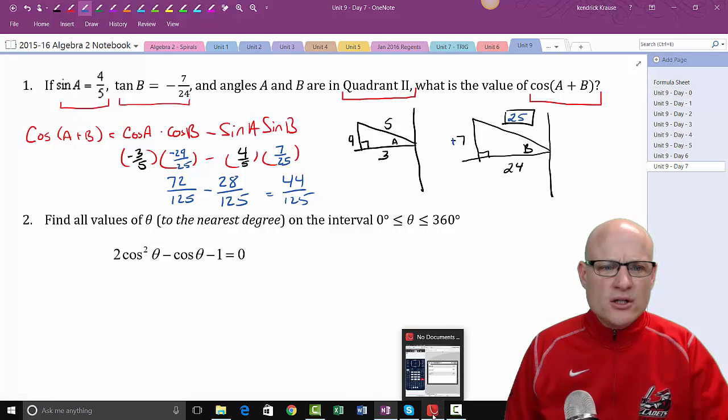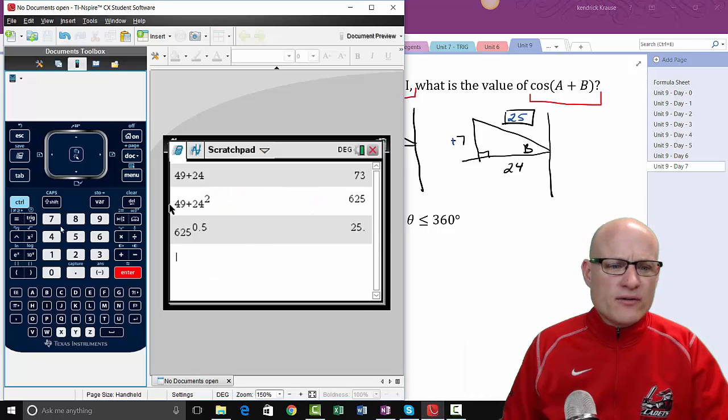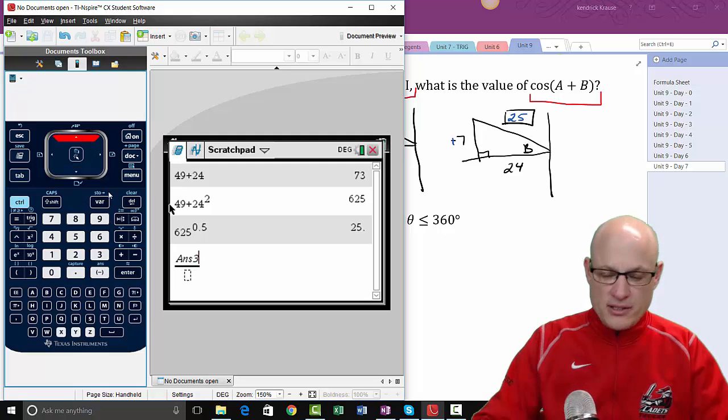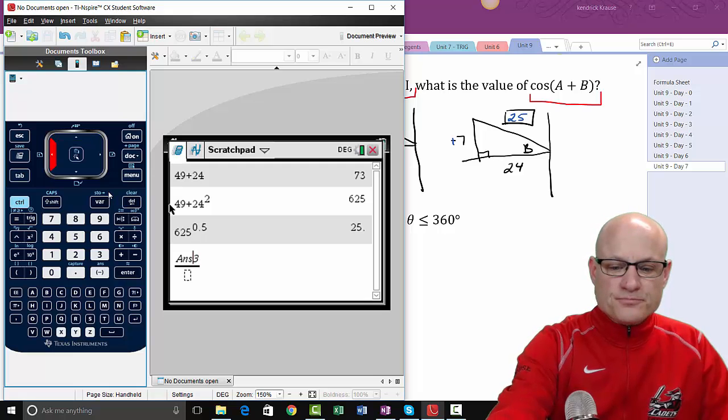Go to the calculator. Negative 3/5 times negative 24 over 25 minus 4/5 times 7/25. So negative 3 divided by 5 times, that's going to cause us problems. I've got to use my finger on the division.